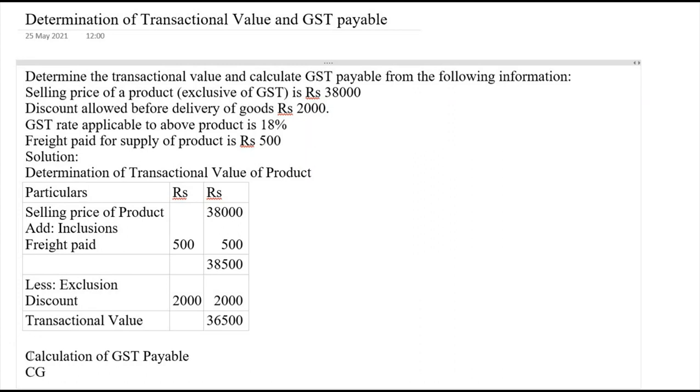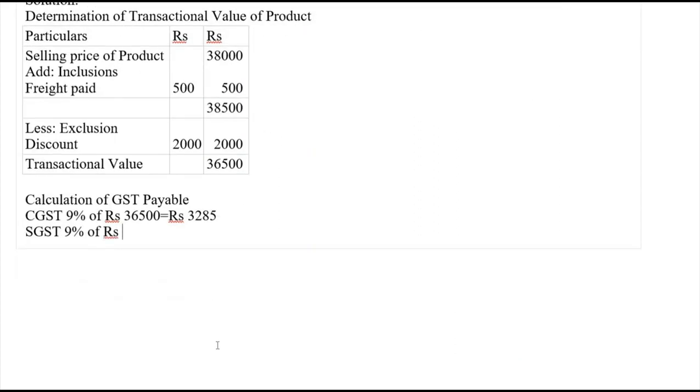So CGST, which is payable at 9% of rupees 36,500, equals rupees 3,285. Similarly, SGST at 9% of the same amount, rupees 36,500, equals rupees 3,285.